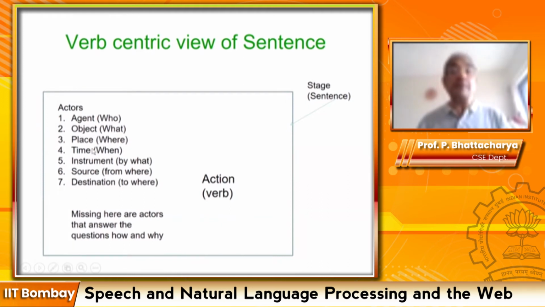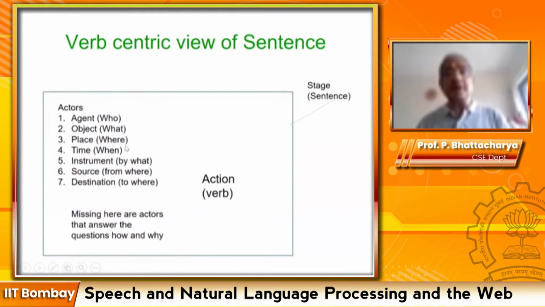And if you remember your grammar from school days, these are called karakas: karma karak, karta karak, karan karak, sampradhan karak, adhikaran karak. Adhikaran again is of two kinds, kal adhikaran and sthan adhikaran. So Jyotsna, please put a slide on karakas: karta, karm, karan, sampradhan, apadan, adhikaran. Adhikaran has two kinds, sthan and kal. Apadan is source.